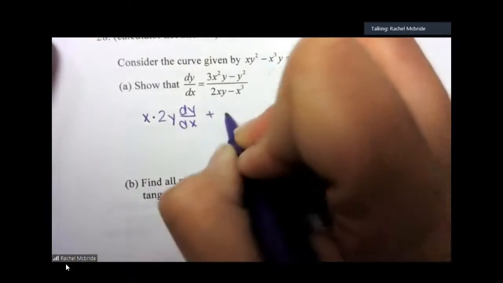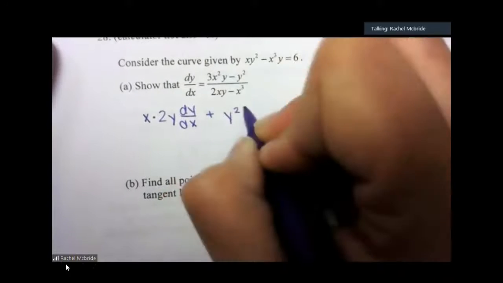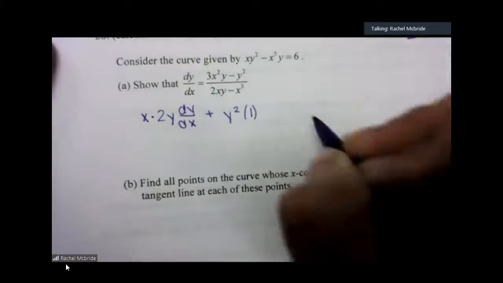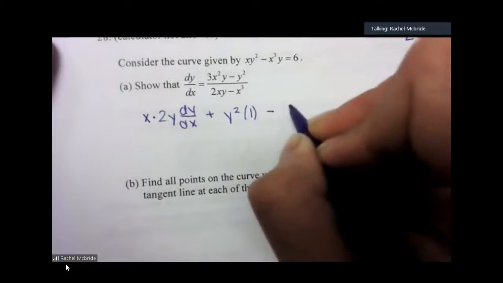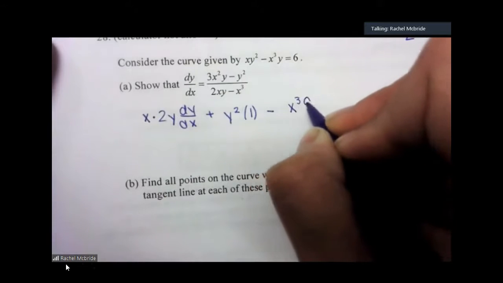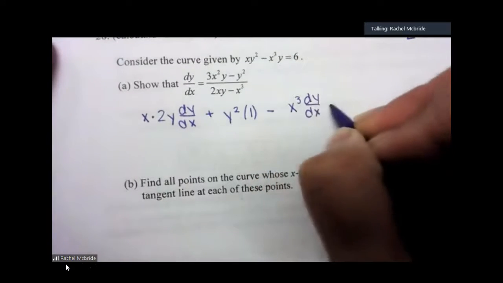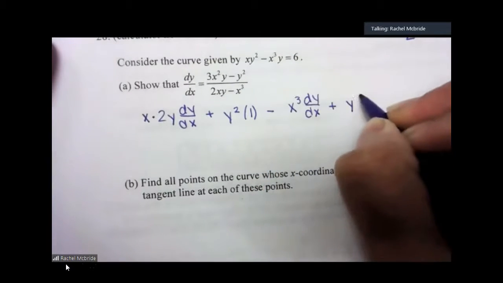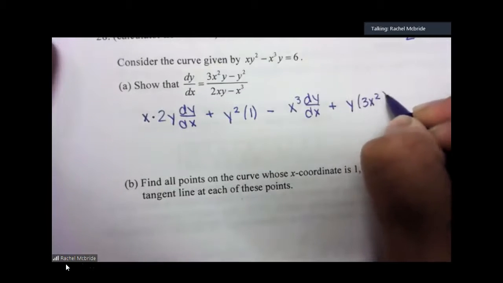So it's first, which is x. Derivative of the second is 2y dy dx. Plus the second, which is y squared, times 1. Minus the first, x cubed, derivative of the second, plus the second, derivative of the first.